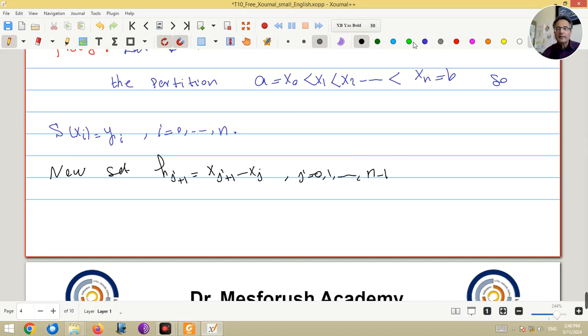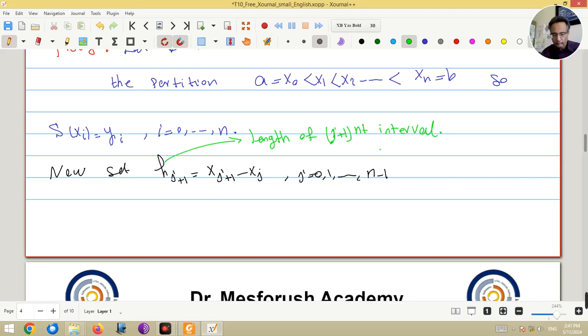In fact, this hj is the length of the j plus 1th interval.